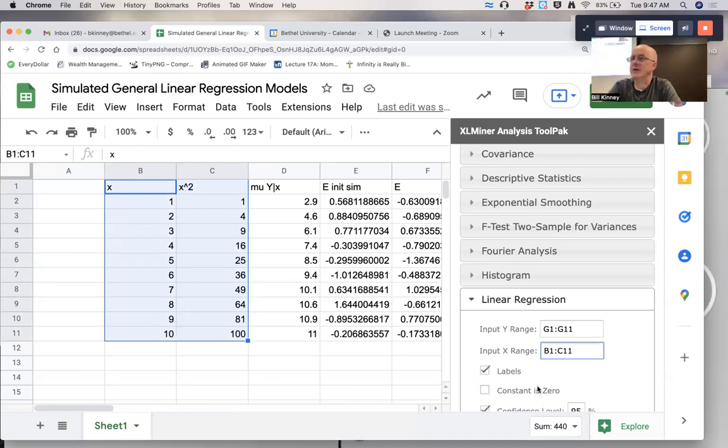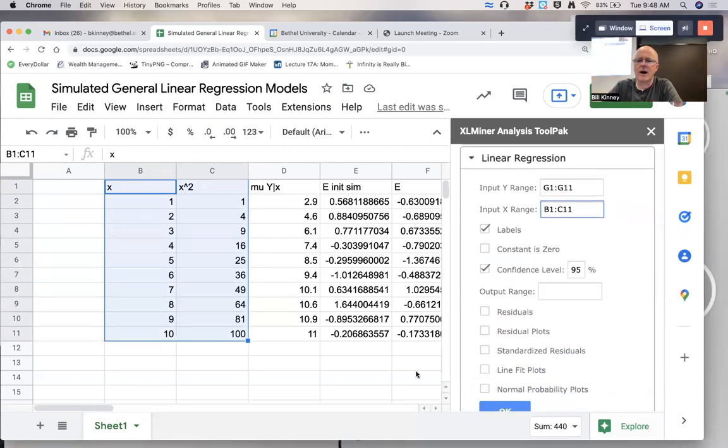There we go. And if you typed it by hand, you'd want to type what you see there, B1:C11. Upper left corner is B1, lower right corner is C11. I need both if I really want this quadratic model.